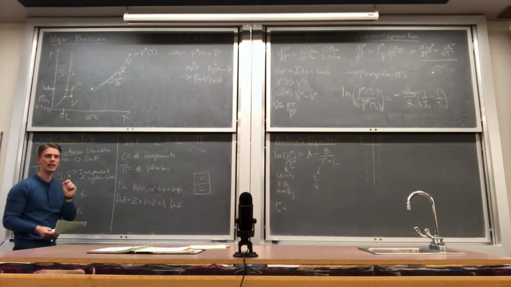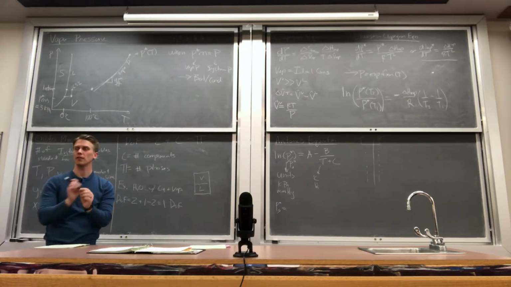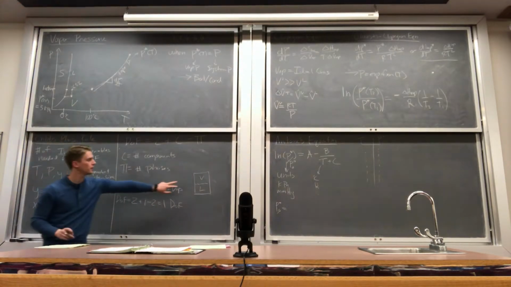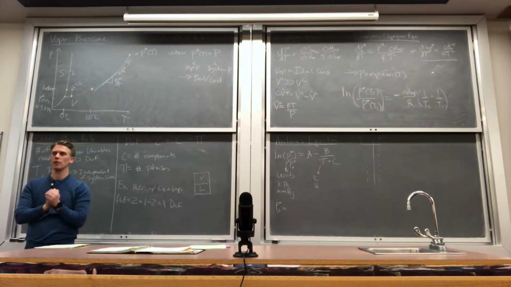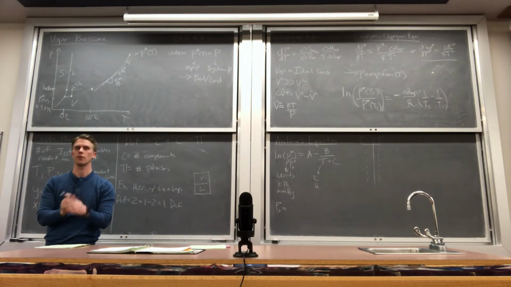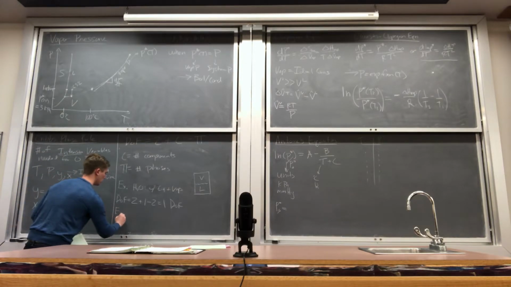I cannot independently vary the temperature or the pressure. I have to vary them together if I want to stay in equilibrium here with 2 independent phases. So pressure and temperature are linked together intimately in everything that we're going to be talking about from here on out. Now let's do another example, the triple point.